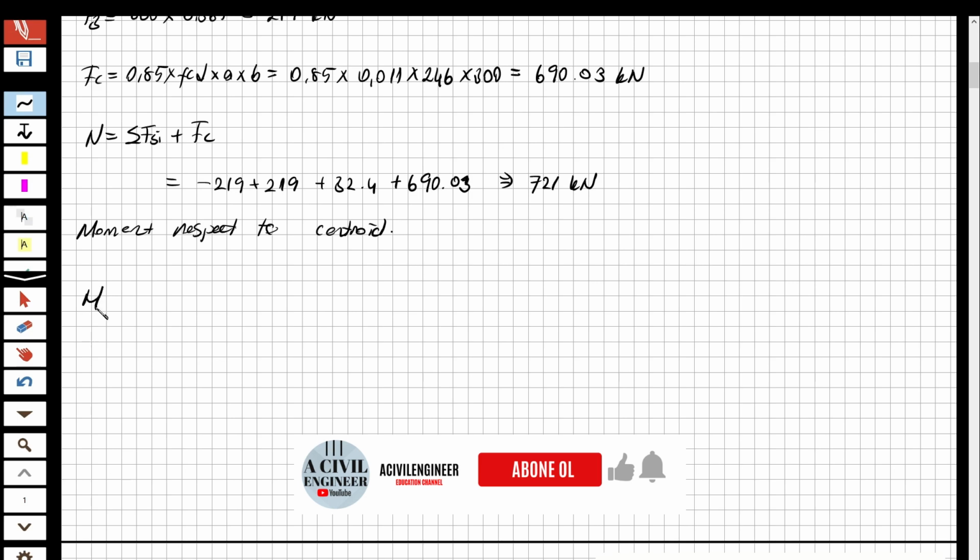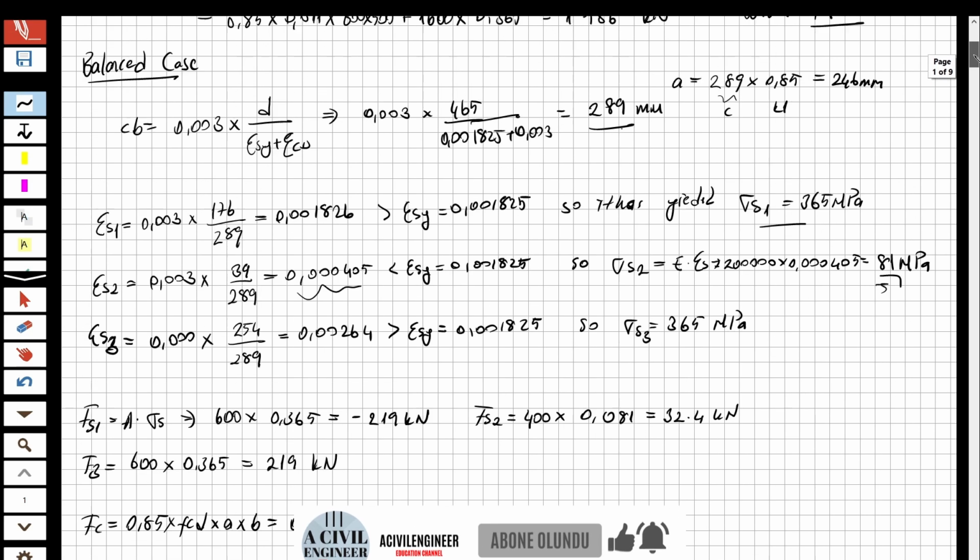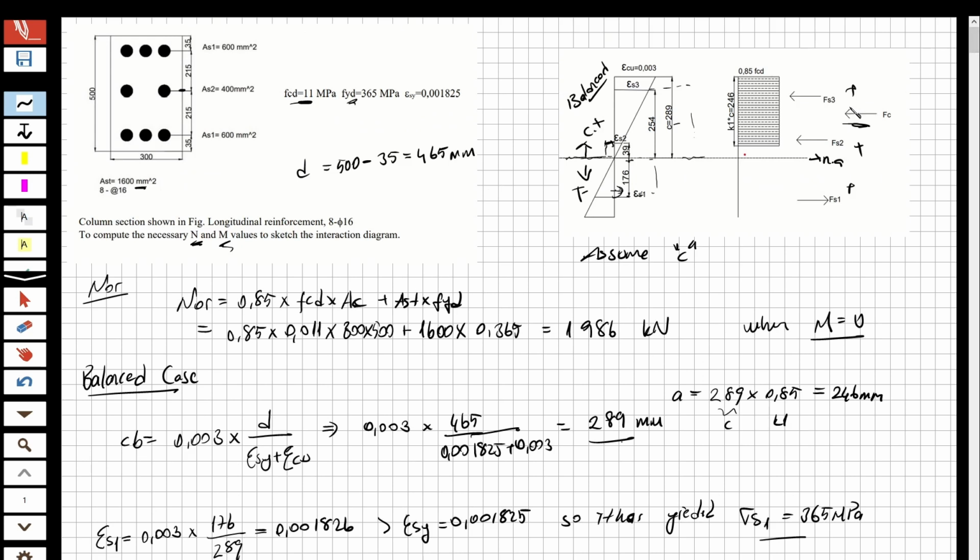Let me show you the shape, okay? I'm going to take the moment with respect to the centroid, and for example, this is 500, okay? But it's going to be half of this shape. It's going to be 250. So maybe it's going to be this one, 250, okay? I'm going to take the moment with respect to that point. So let's do it.